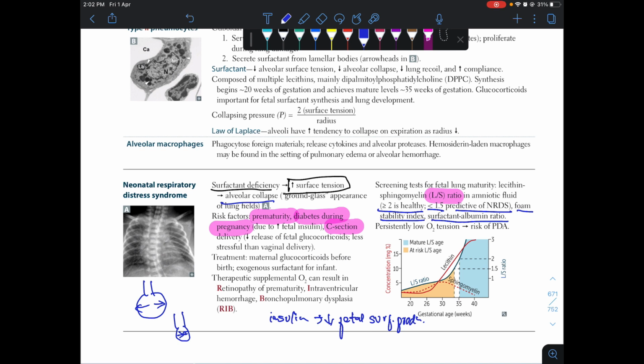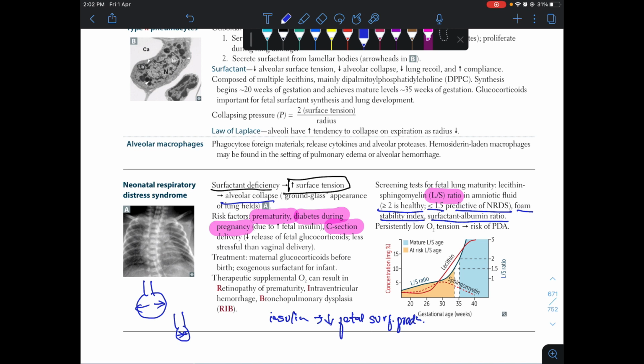So during maternal diabetes, there will be an increase in the glucose that goes to the baby's circulation, and that reaches the pancreas, and the pancreas senses the glucose, and there will be a release of more insulin from the baby's pancreas. That insulin will inhibit the surfactant production, hence there will be neonatal respiratory distress syndrome in the baby.